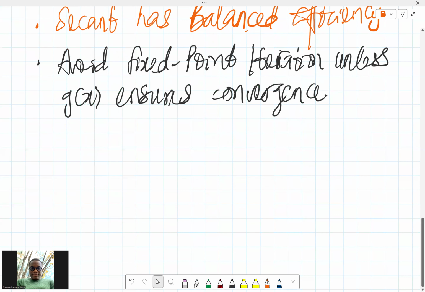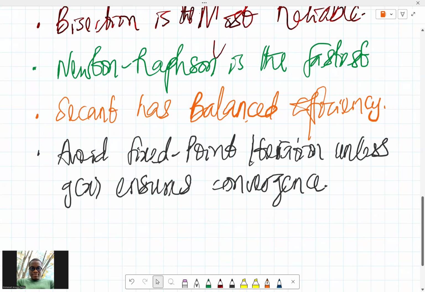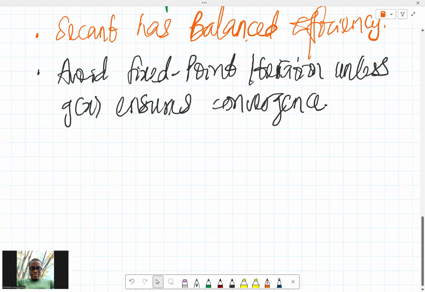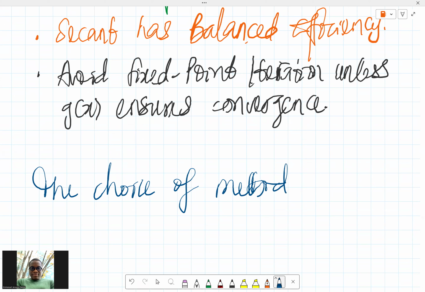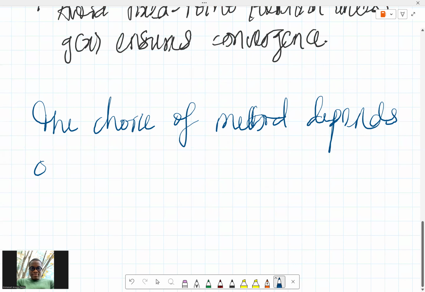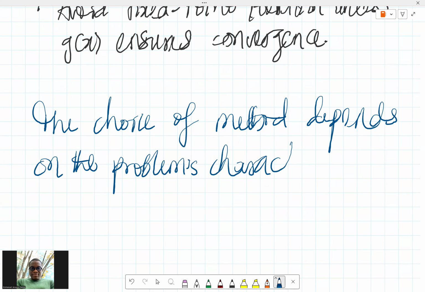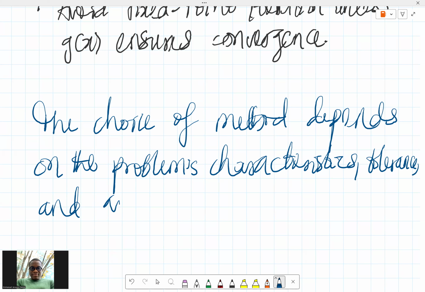So in all, the choice of method depends on the problem's characteristics, tolerance, and available information.